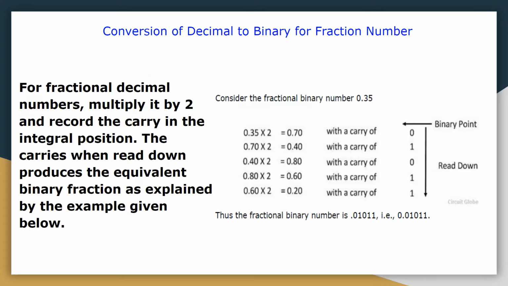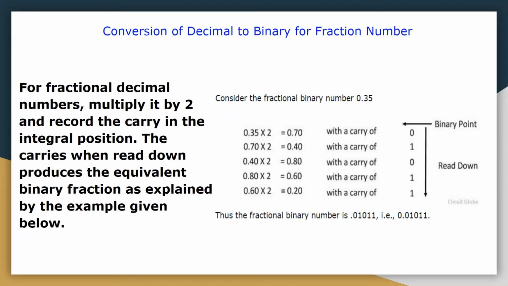Okay, next, how to convert a decimal to binary in the form of fractions. If there is a fractional decimal number, how do we convert it? In the case of a fractional decimal number, multiply it by 2 and record the carry in the integral position.